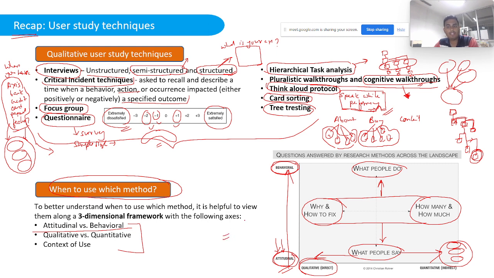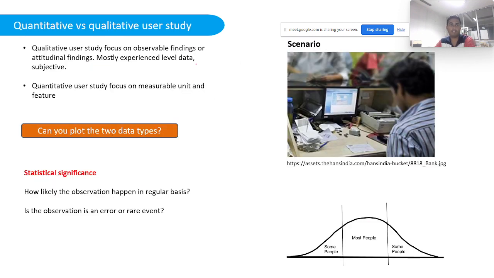So in today's lecture we'll be discussing quantitative user study methods. Before we go to specific quantitative methods, first we need to understand the difference between quantitative and qualitative methods. What do you mean by quantitative and qualitative?